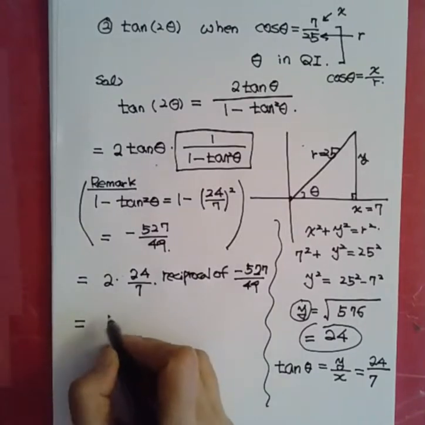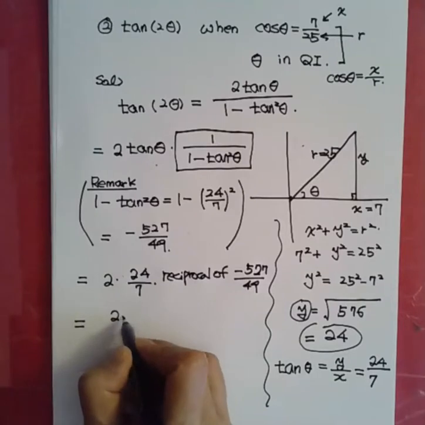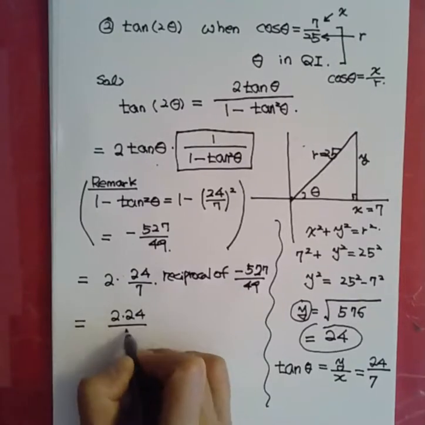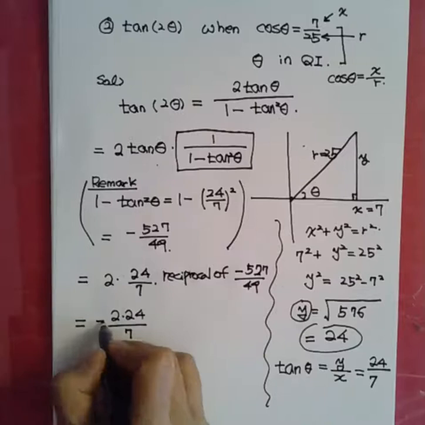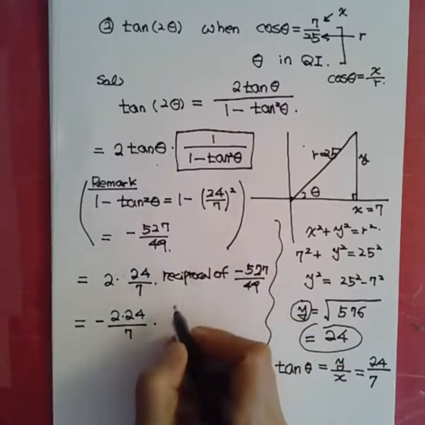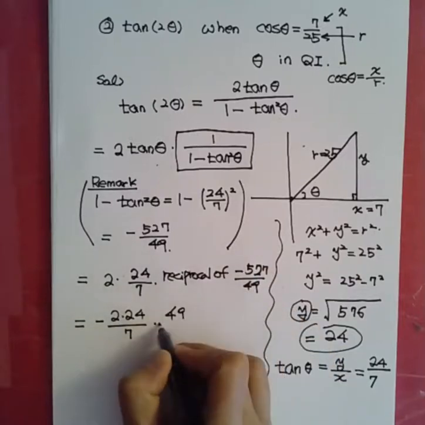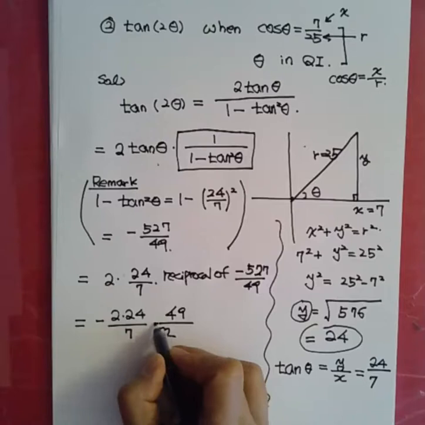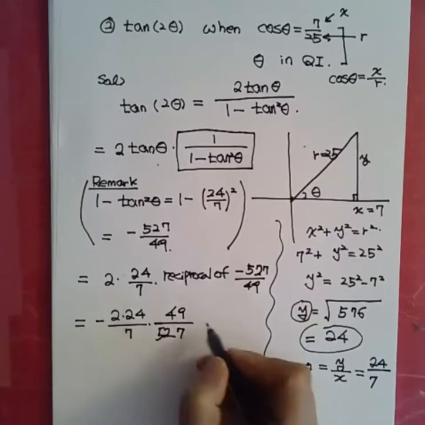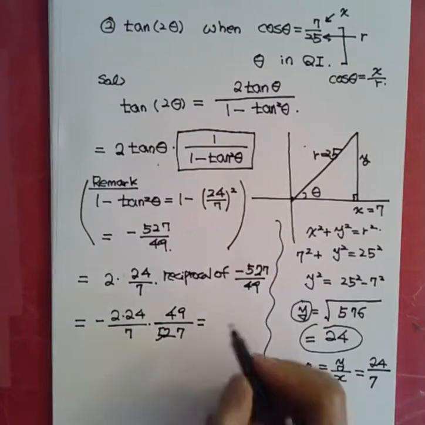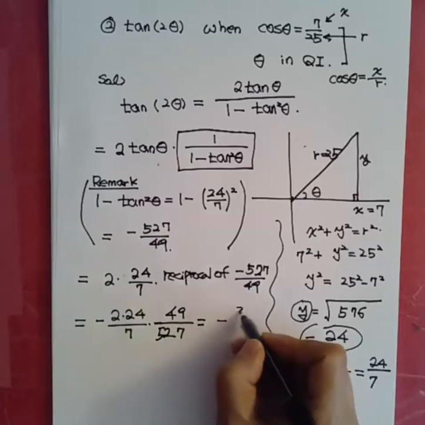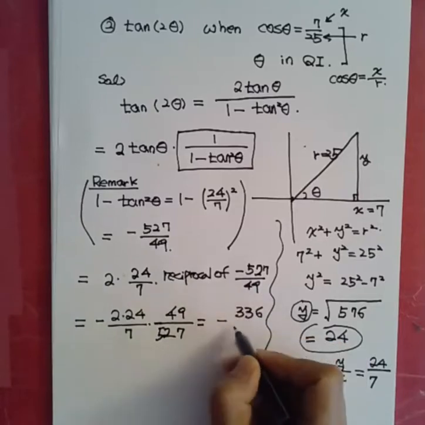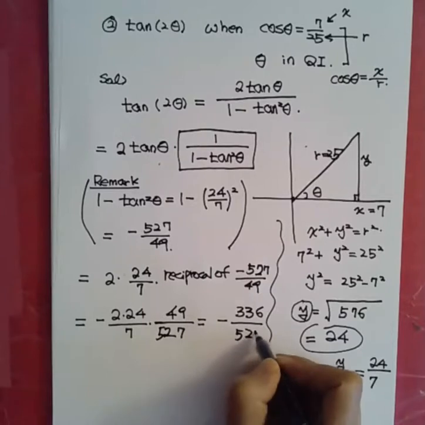So we can rewrite that as 2 times 24 over 7, and minus is here, times the reciprocal, which is 49 over 527. So that becomes minus 336 over 527.